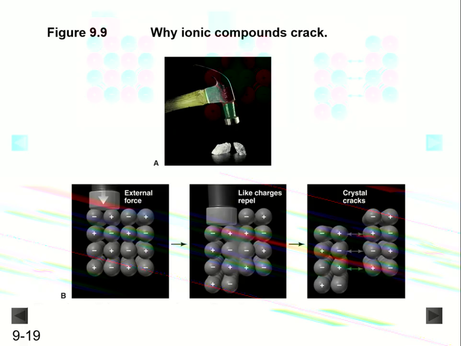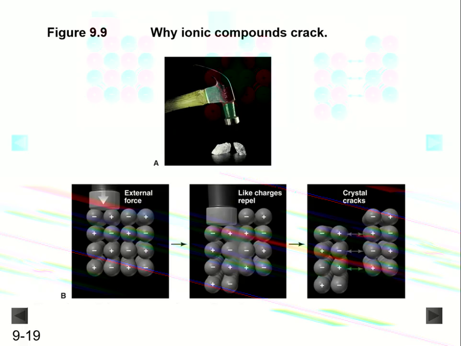And so why do the ionic compounds shatter? This figure illustrates that. On the left-hand side of panel B, we see the ionic crystal lattice. And then we see a force comes in to dislocate the atoms within the crystal lattice. As soon as we move from one lattice plane to the next one, we see the positive ions are now lined up with the positive ions, and the negative ions are lined up with the negative ions.